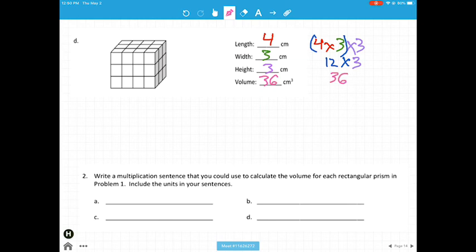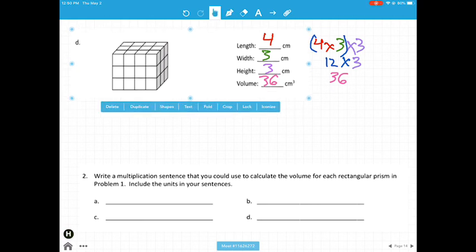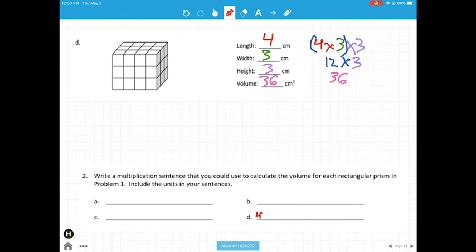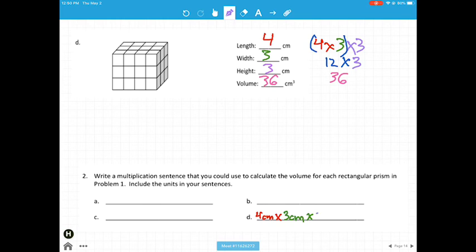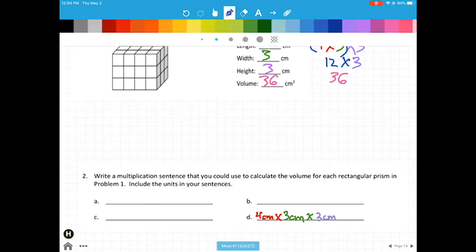As I showed you before, we're going to take our 4, put that down here, put a centimeter next to it, multiply it times a 3 for the width. And then we're going to multiply that times the 3 for the height, 3 centimeters, by the way.